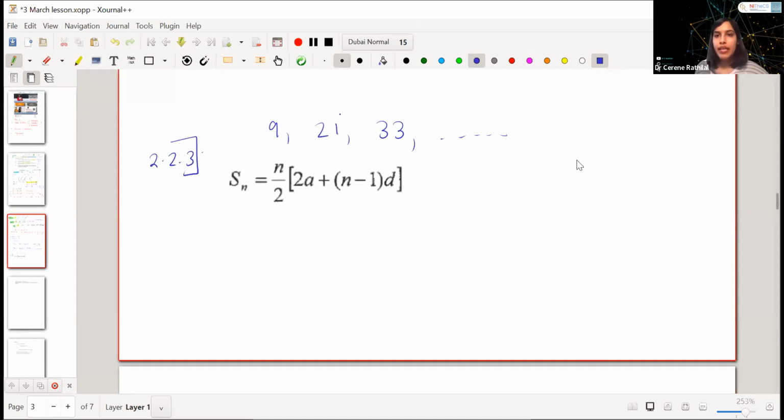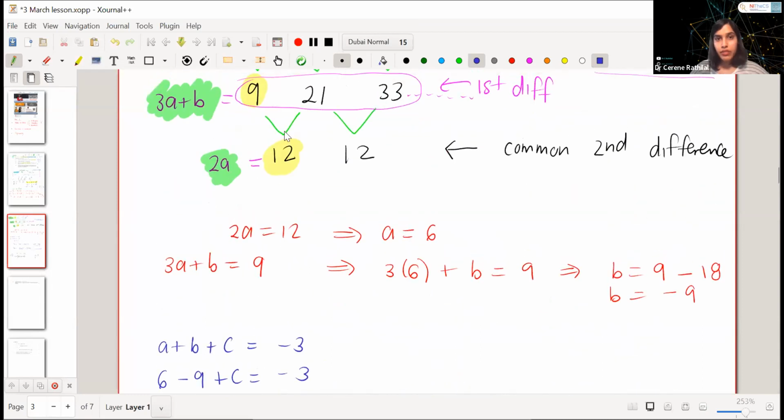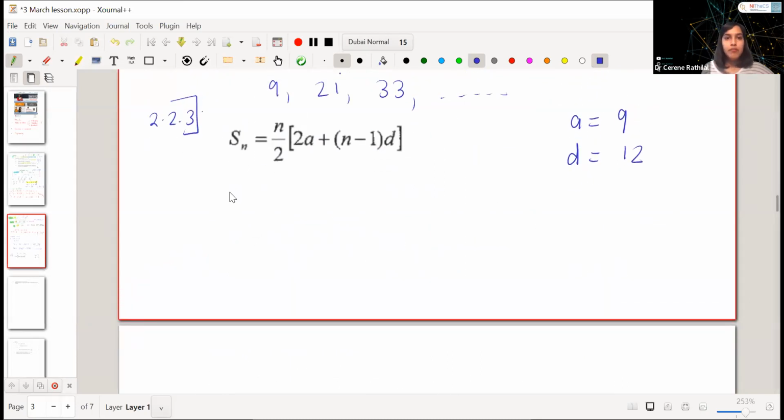I know that the A is equal to 9. I know that the common difference is equal to 12. That is what we saw. There we go. The difference between consecutive terms is 12. And so all it amounts to is plugging everything in. So it's n over 2 into 2 times 9 plus n minus 1 into d.